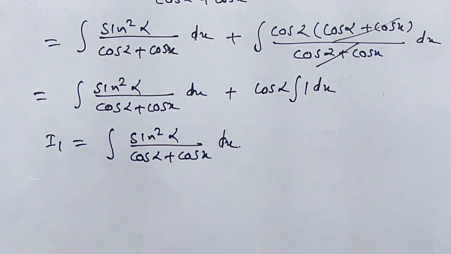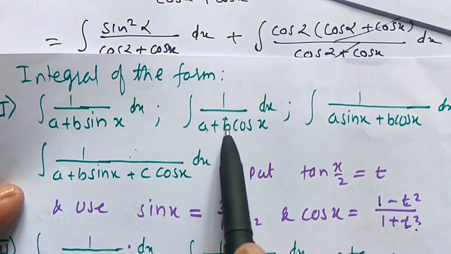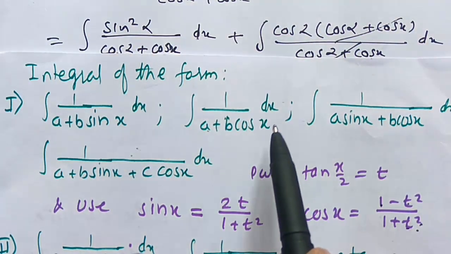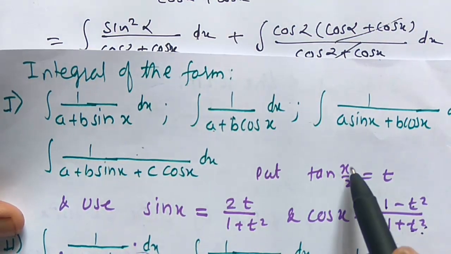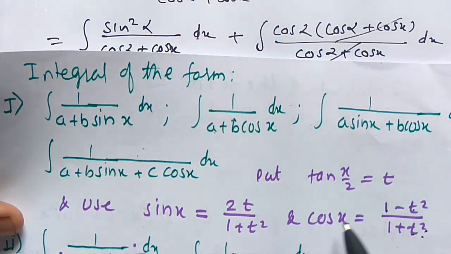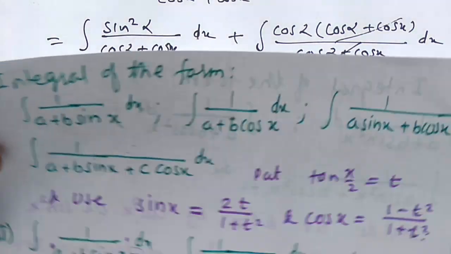By using the formula, this is of the type integration of 1 upon a plus b cos x. For that we have to put tan x by 2 is equal to t, and replace sin x by 2t upon 1 plus t square, and cos x is equal to 1 minus t square upon 1 plus t square.